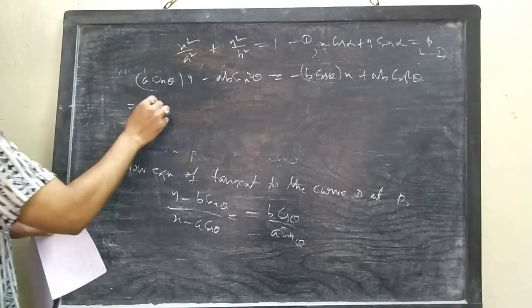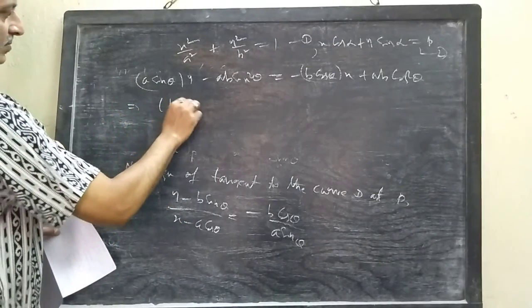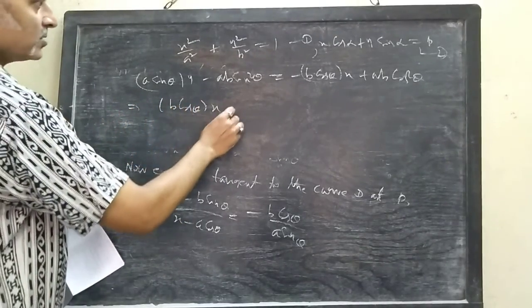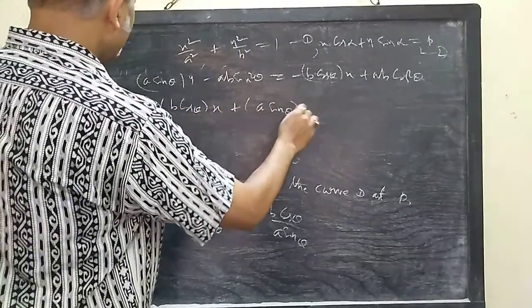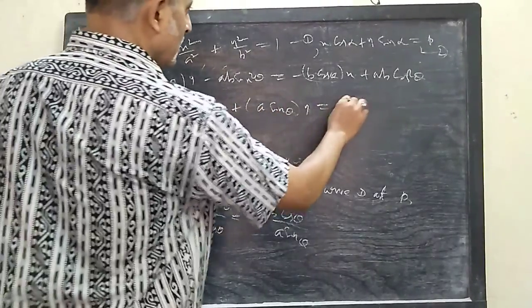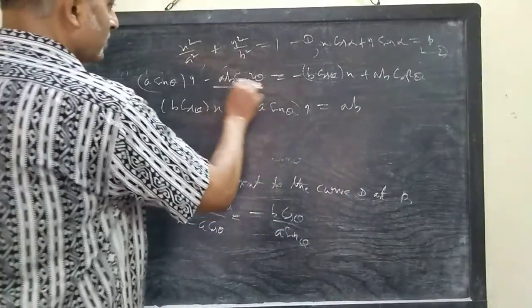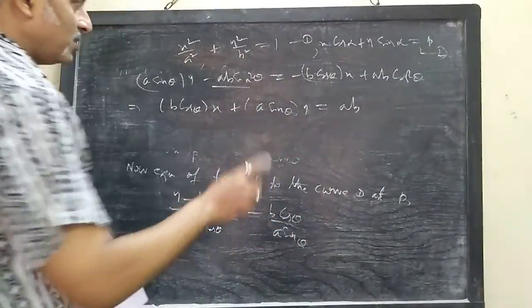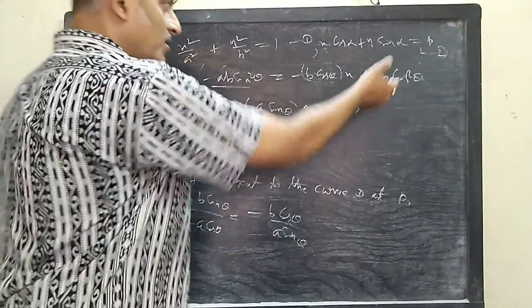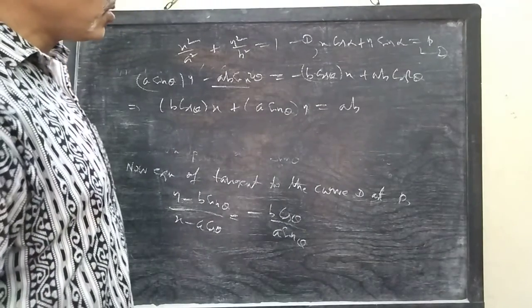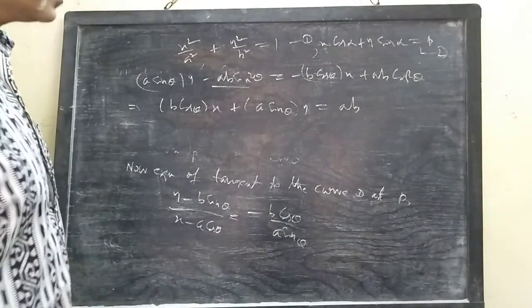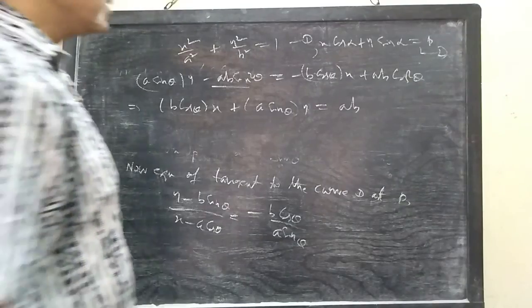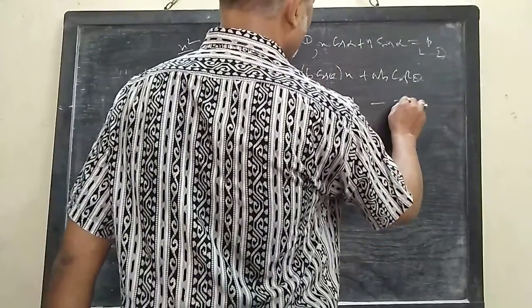Then write it in the form b cos theta into x plus a sin theta into y is equal to ab. Why ab? Because minus ab when it goes to the right side becomes ab sin square theta. Here we already have ab cos square theta. If you take ab common, you get sin square theta plus cos square theta, which is 1. So you ultimately get this equation. Say this equation is 3.